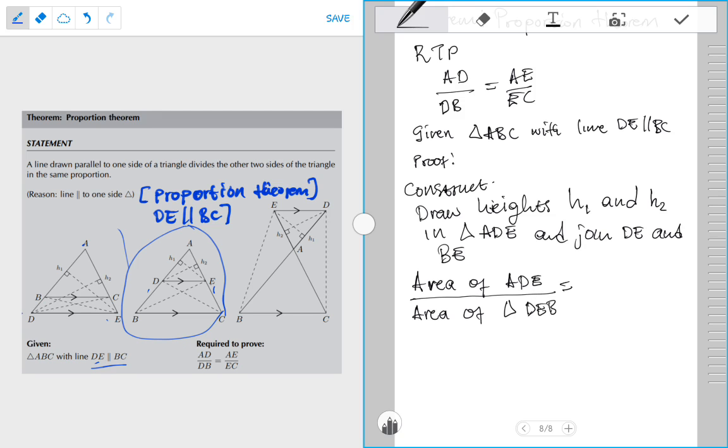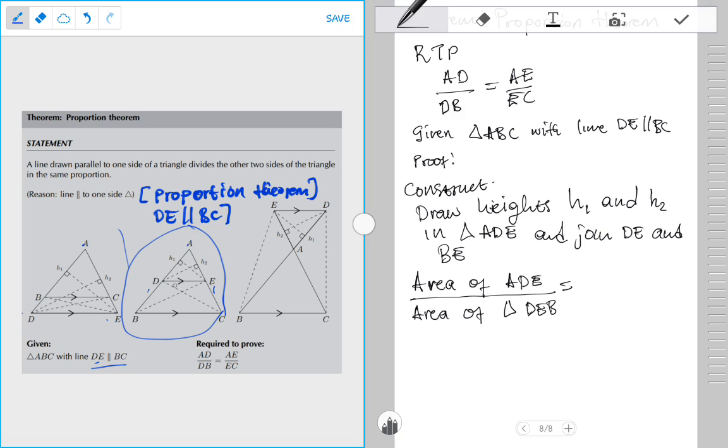is equal to. So basically we are saying the area of ADE, this area, over what? Triangle DEB, this one.